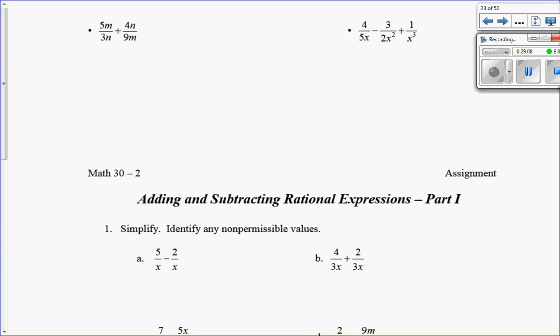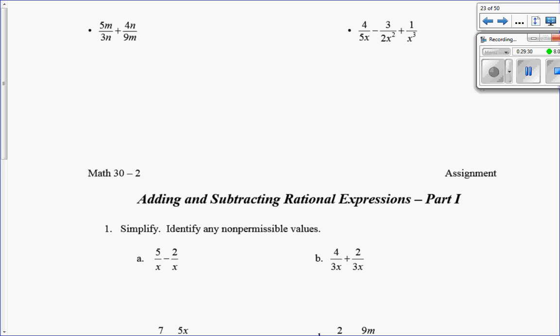So it's going to have an m in it and an n in it, and it's going to be a multiple of 3 and 9. Okay, so 9mn would work because I have to have one that both the m and the n will divide into.